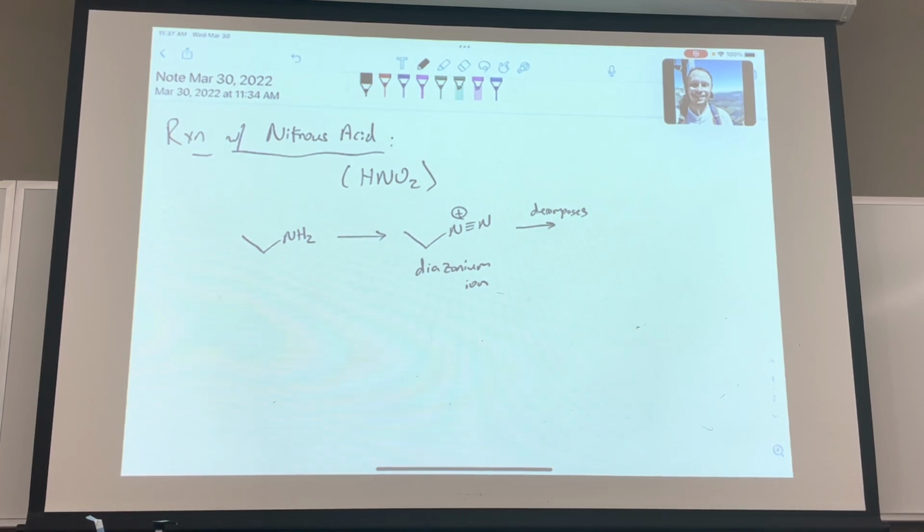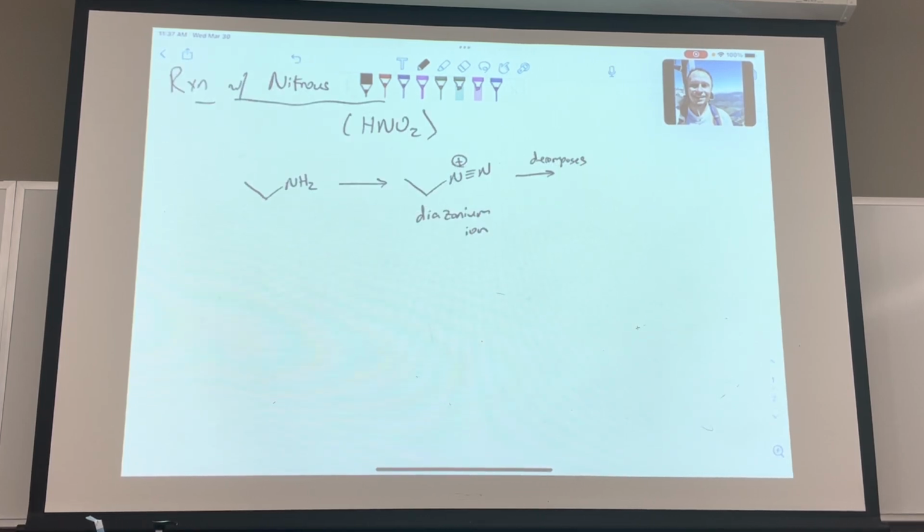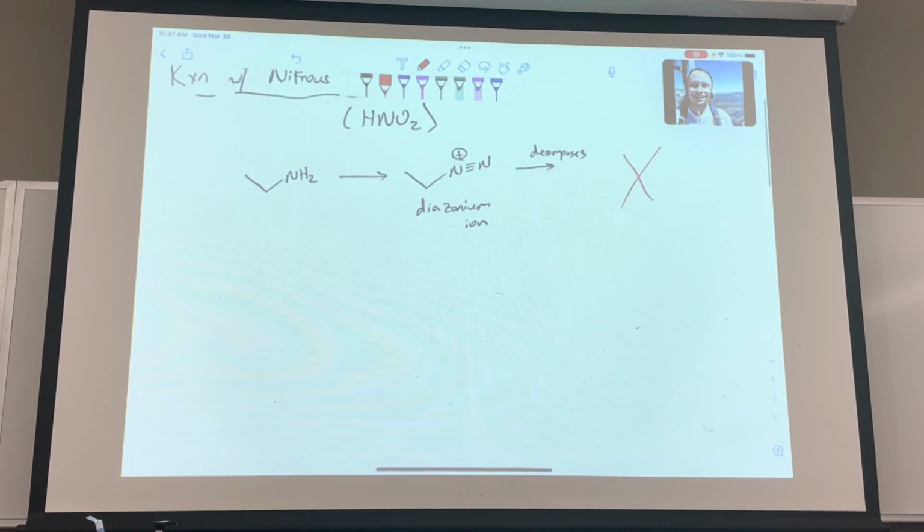How come when we did our lab, we didn't use nitrous acid? We used sodium nitrite? Oh, we'll get there in a second. So basically what I'm saying is that if you're trying to use an alkyl amine, this is not useful. So nobody ever does it with alkyl amines.